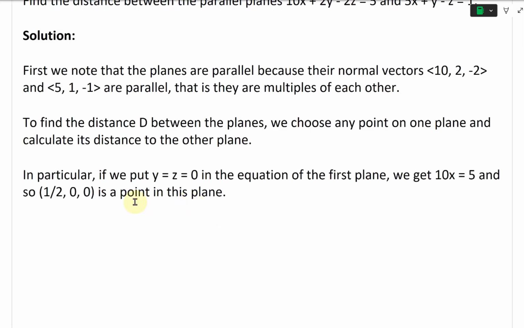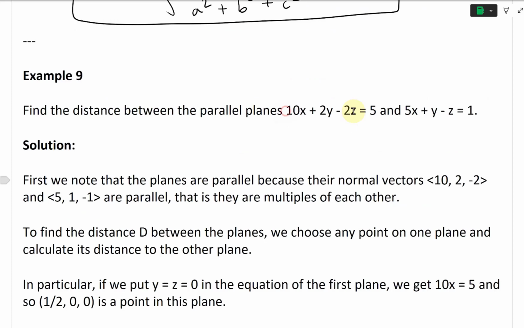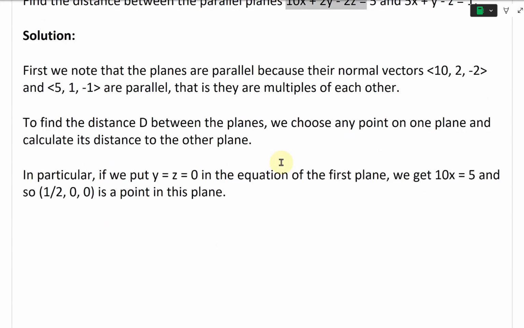Alright, so in particular, if we put y equals z equals 0 in the equation of the first plane, we get 10x equals 5. And so (1/2, 0, 0) is a point on this plane. Looking at the first plane, 10x plus 2y minus 2z equals 5, we plug in z equals y equals 0.